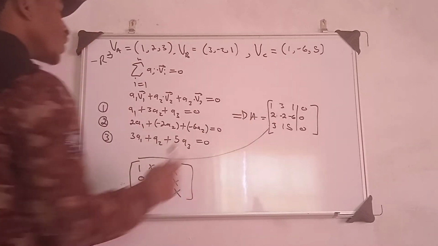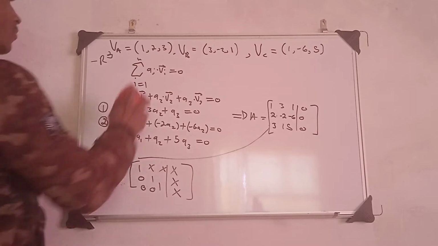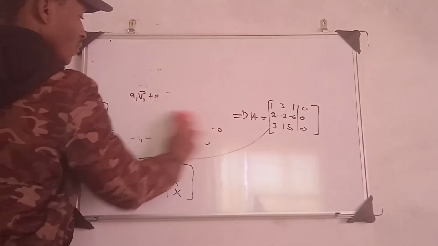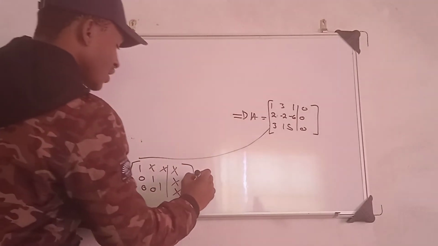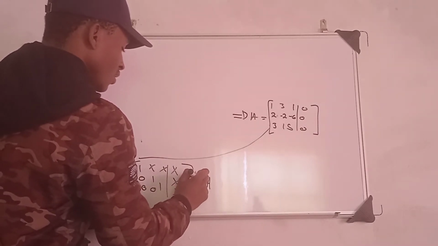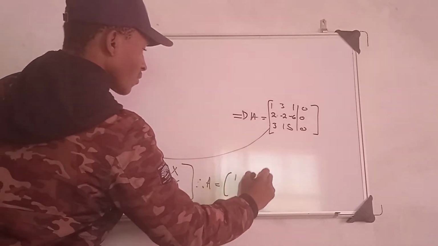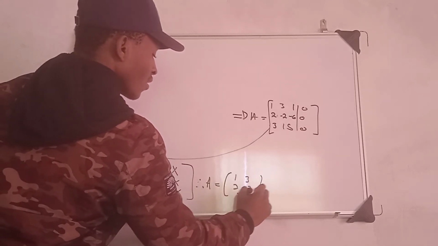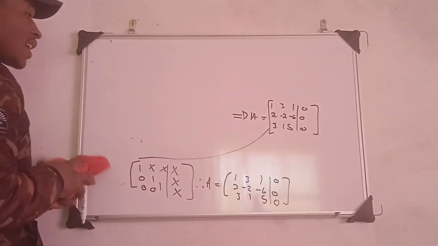But let us start with this one so that we can have this version of the matrix. Let me write my matrix A here, so that I can erase it.